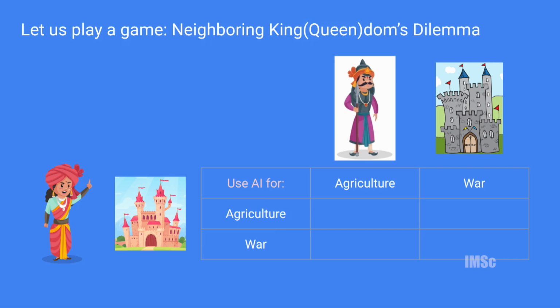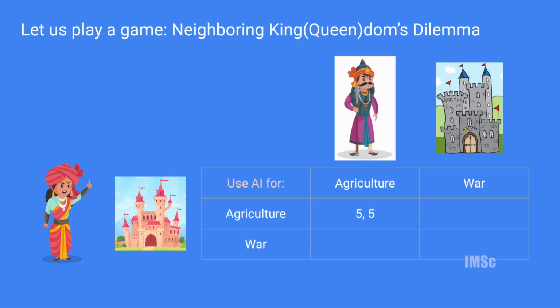So what is the meaning? I'll fill these boxes up with some numbers, and you try to associate these numbers. It's a tuple of two numbers. The first number refers to the utility or happiness of the first player, which is the queen here, and the second entry is the utility of the second player, which is the king here.